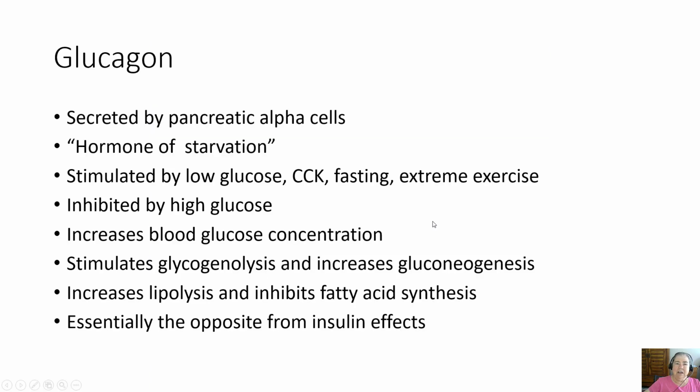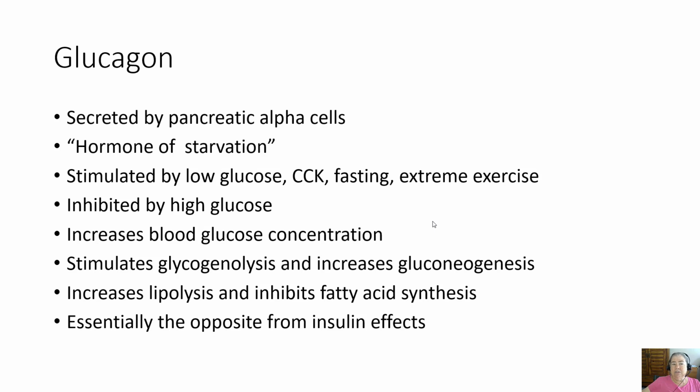I want to talk about glucagon. Glucagon is the hormone that is made by alpha cells in the pancreatic islet, and it is in many ways the opposite of insulin. If insulin is the hormone that is produced when we are in a fed state, glucagon is a hormone that is sometimes called the hormone of starvation.